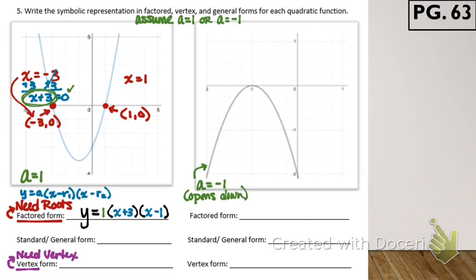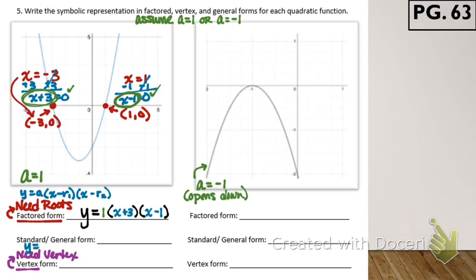X equals 1. I subtract 1 from both sides to get it equal to 0. So here's my other factor. Absolutely correct. Let's go do the vertex form next, and we'll come back to that general form, standard form.